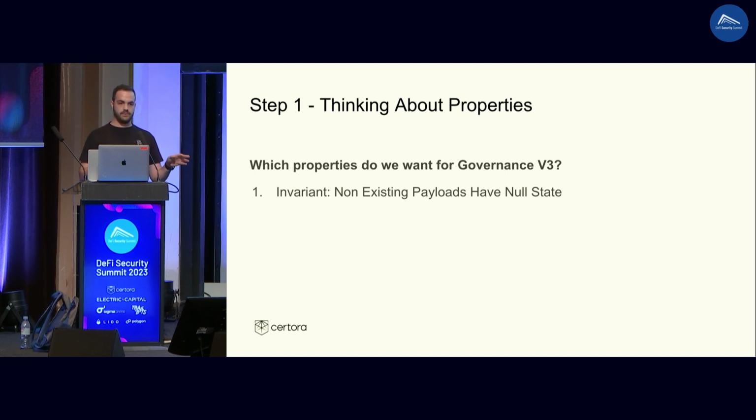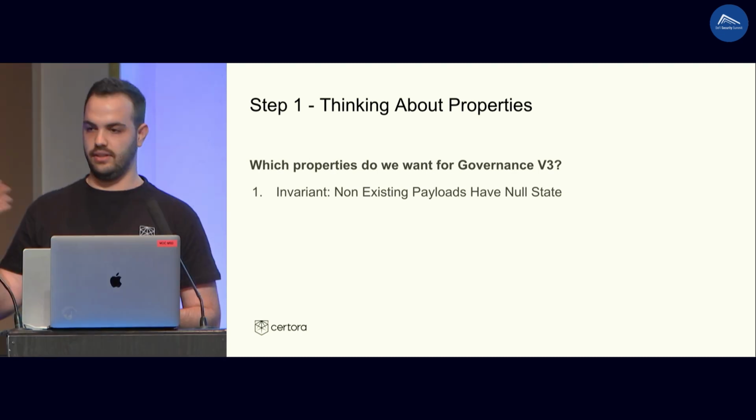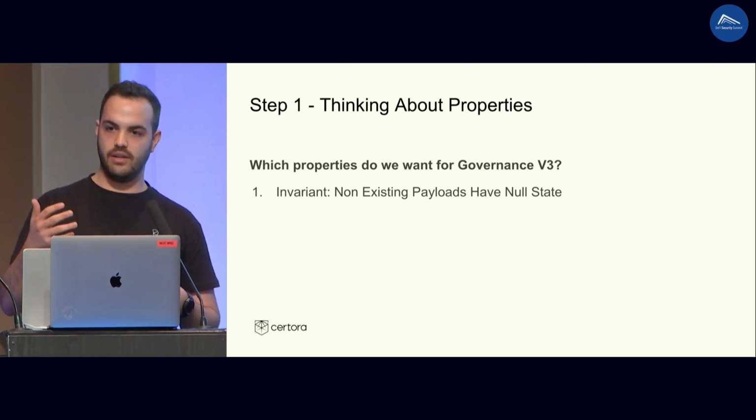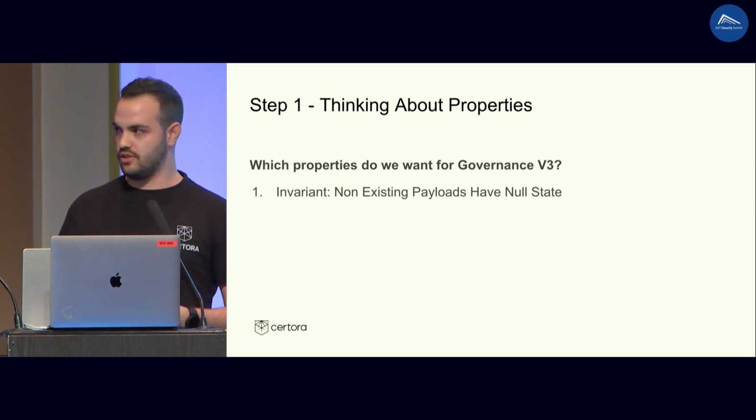So which properties would we expect the governance v3 system to have? We have an invariant of the system: if a payload doesn't exist, so its ID is greater than the payload counter. Ernesto said before that there are payloads and they live in some other chain.